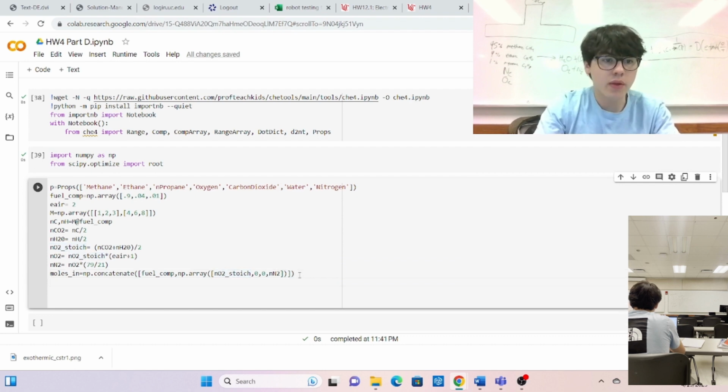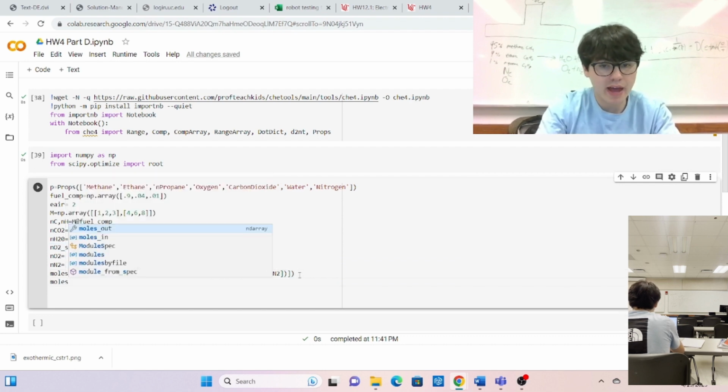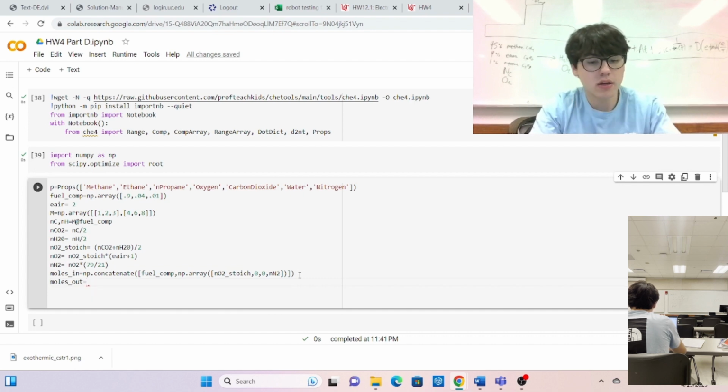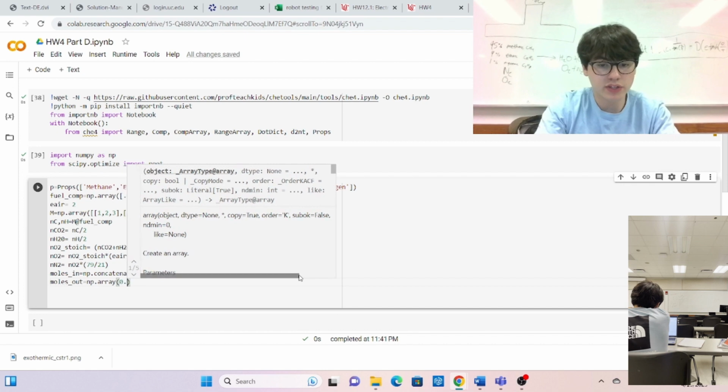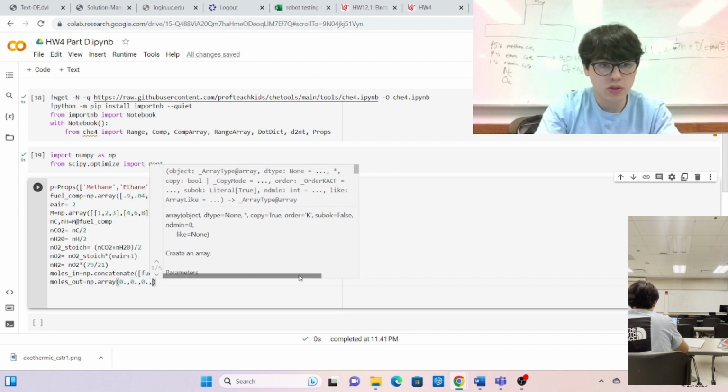And then we'll create another array for the number of moles that are coming out of the system. Since we know that the reactants are completely used because it's 100% combustion, we'll have 0 of each of those.